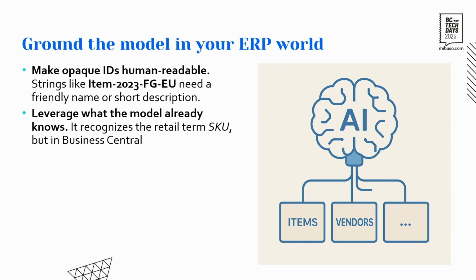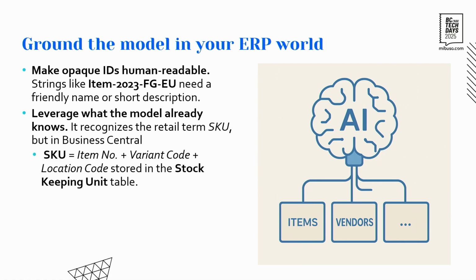Similarly, in retail, everyone knows what SKU is. It's a common term that is used quite broadly in the ERP world, which is basically to uniquely identify a specific variation of an item. But we, within Business Central, use it slightly differently. For us, it's not just the unique item, which is the item number or the variant code, but it's also the location that particular item is at.